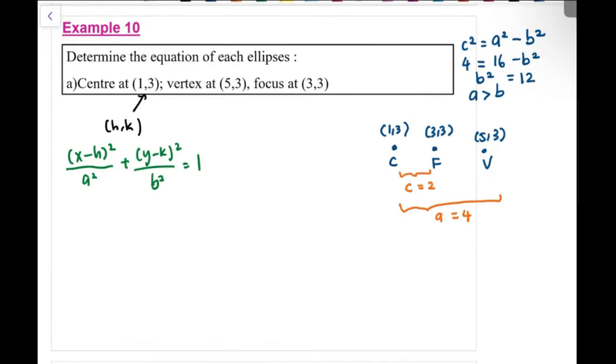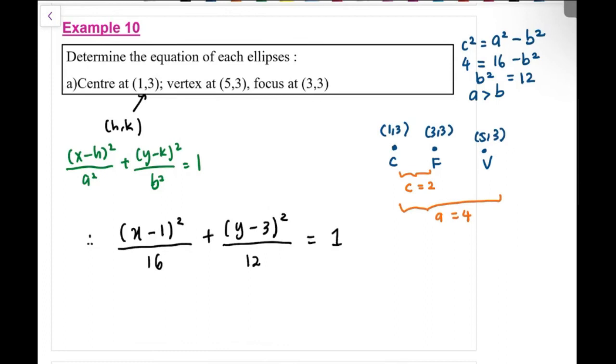Having got all this, we can put it directly into the ellipse equation. So finally, our answer would be x minus 1 squared over A squared, so over 16, plus y minus k, so y minus 3 squared over B squared. B squared we obtained just now, 12, equal to 1.